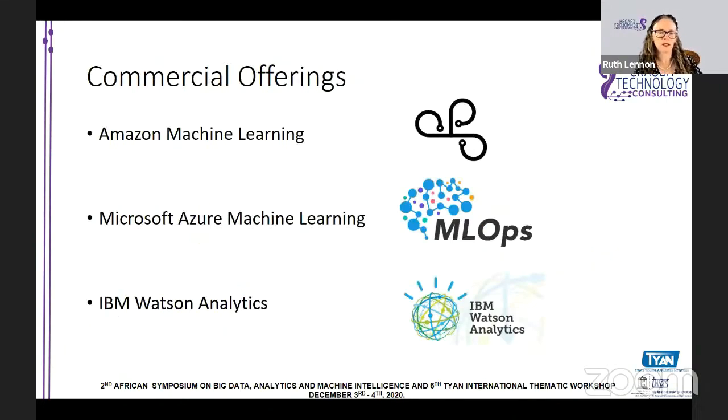Now, let's look at some commercial offerings. I've only a couple of slides to go and I will speed up. Let's look at a couple of commercial offerings that are out there that will help you with all of these tasks: Amazon Machine Learning, Microsoft Azure Machine Learning, and IBM Watson. I suspect you may be familiar with them, but they are very good. Just to give you a quick comparison, Azure, the Microsoft offering, is all about drag and drop, making it nice and easy.